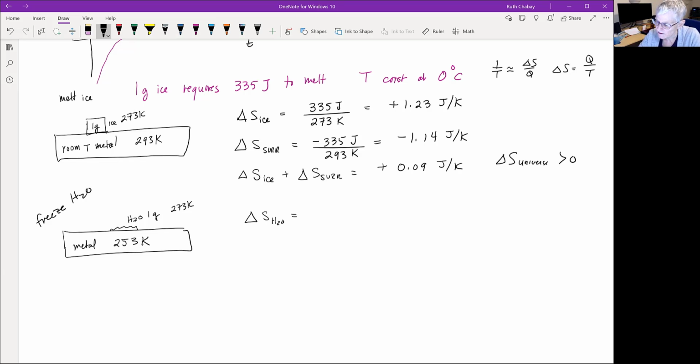So the change in entropy of the water is negative 335 joules divided by the temperature, 273 K. That's a negative 1.23 joules per Kelvin. So the entropy of the water in this case actually decreased.